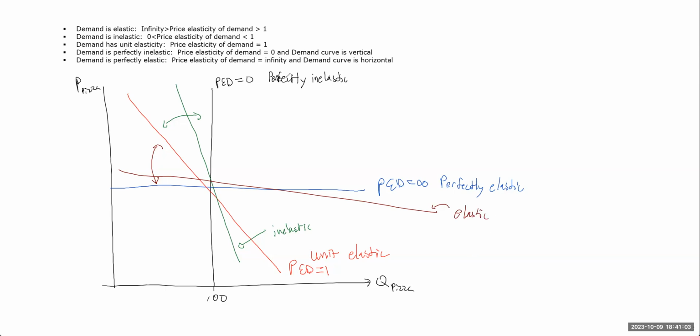Okay, so those are all the visual representations of demand: elastic, inelastic, unit elastic, perfectly inelastic, perfectly elastic. Again, these three we'll discuss later, not always true. All right, let's clear this.